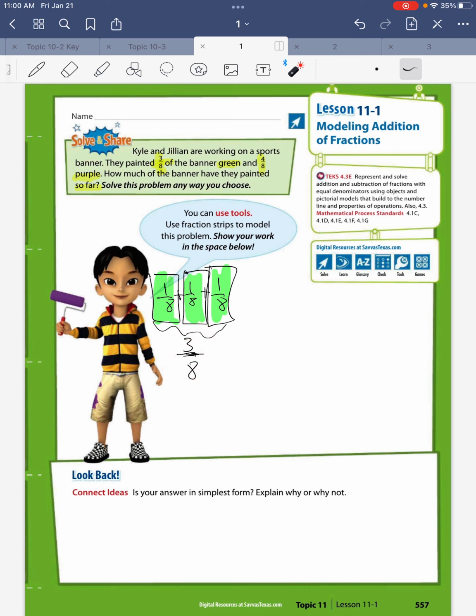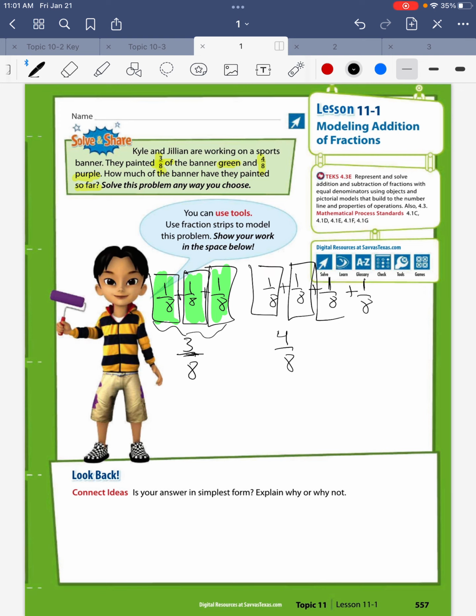So 3/8 is green, and then 4/8 is purple, okay? So if I decompose 4 over 8, it would just be 1/8 plus 1/8 plus 1/8 plus 1/8, okay? And put that in a box.